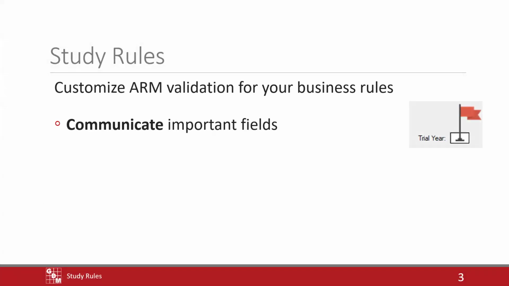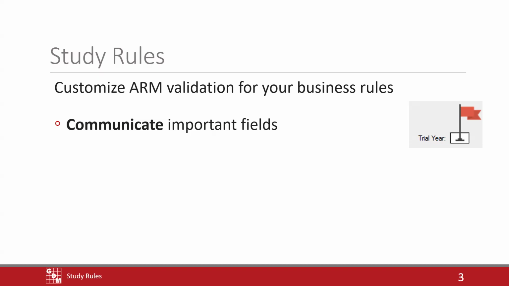So our study rules, again, it's all about customizing that validation, making that validation useful to check what are your business rules? What are the requirements? If you're a sponsor, it's a matter of all of these trials we run, what do we need to collect? If we're going to do a summary later on, what do I need in order to run an analysis or combine the data?